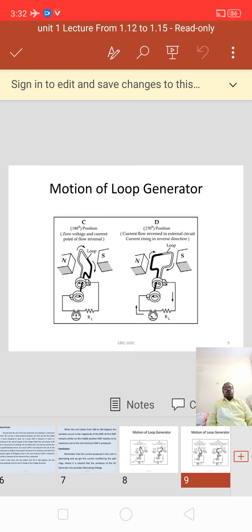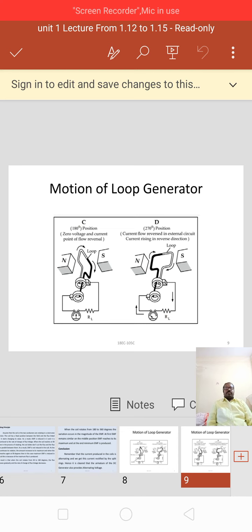It is also shown in the deflection sensitive needle of the galvanometer.